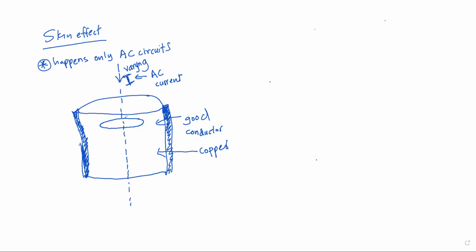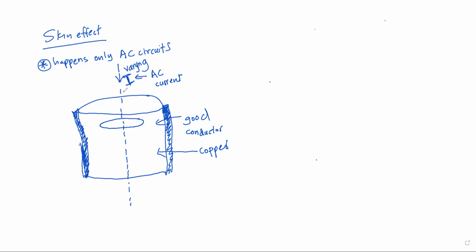The current is going through this conductor. Basically, once we consider the center of this conductor, the amount of eddy currents that are getting generated around this magnetic field is high.